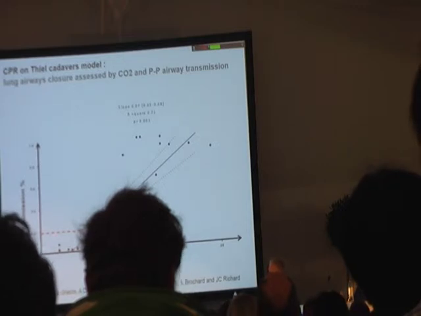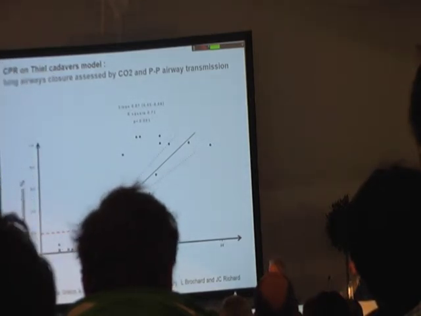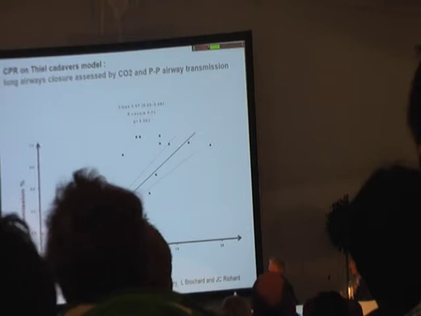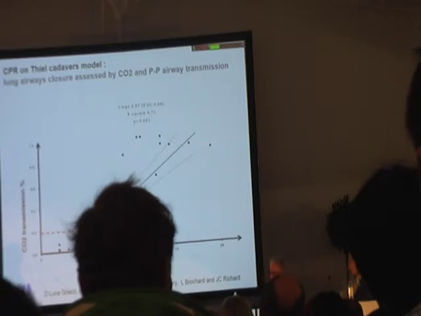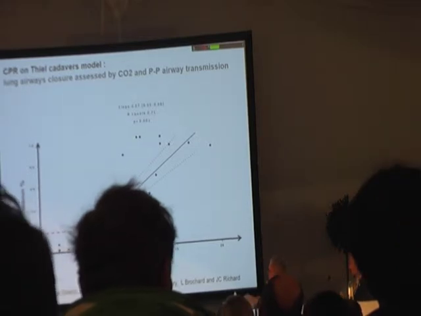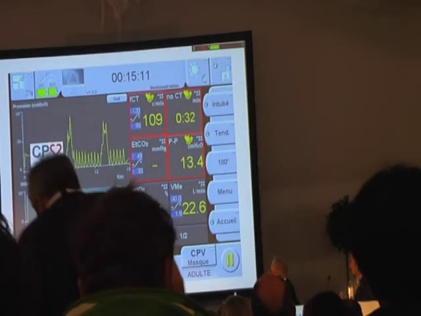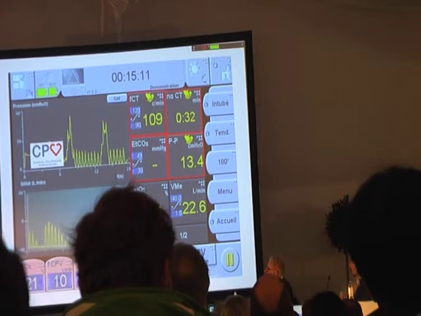This suggests that low PP airway and a non-oscillating CO2 pattern may assess the airway closure, and then suggest some difficulty for ventilation and may compromise oxygenation and CO2 elimination. Okay, this is far from real physiology because it's a bench, at the beginning on cadavers.